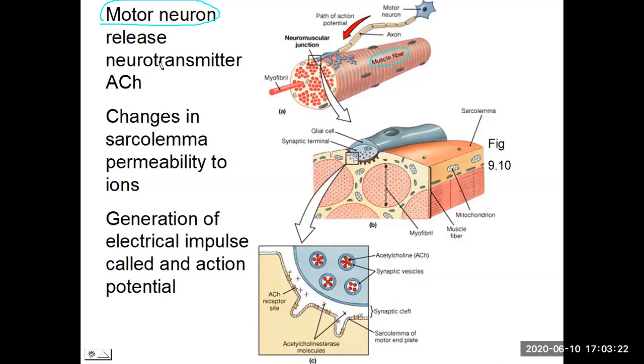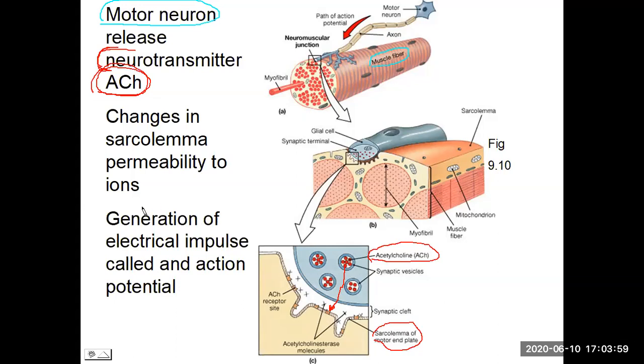The nerve cell is releasing a chemical, a neurotransmitter. And for muscle contraction, the specific neurotransmitter produced is known as acetylcholine. And we'll use this abbreviation here, ACH, standing for acetylcholine. It's released out of the nerve cell, and it binds to a receptor that's found on the sarcolemma, on the surface of the skeletal muscle fiber.